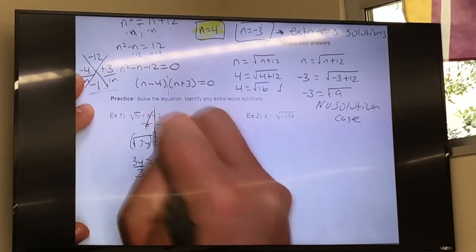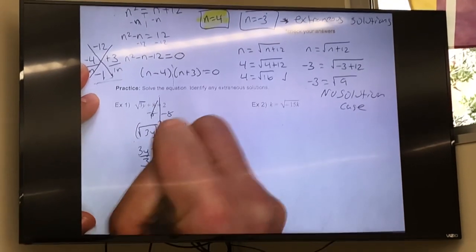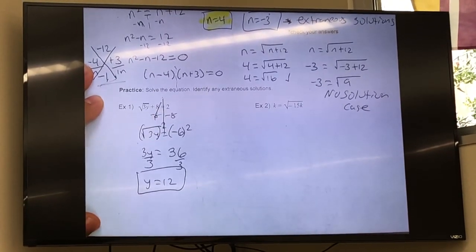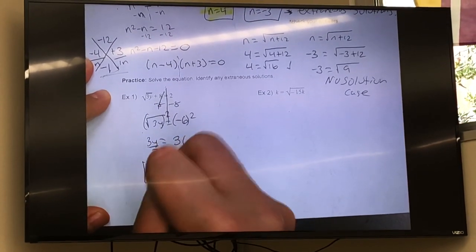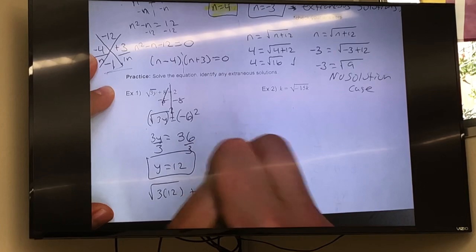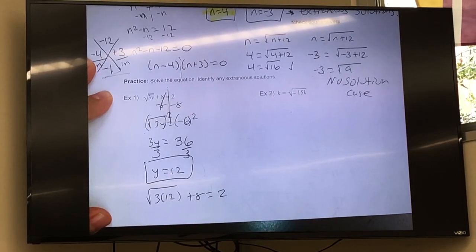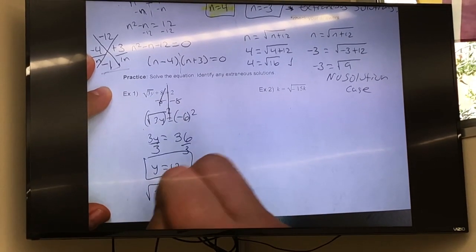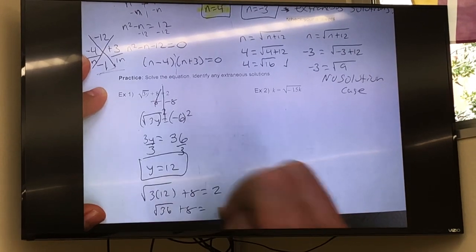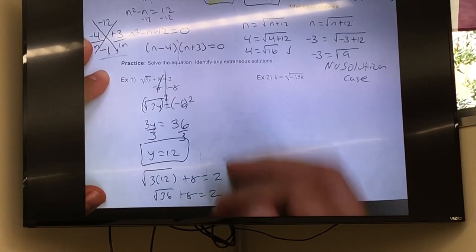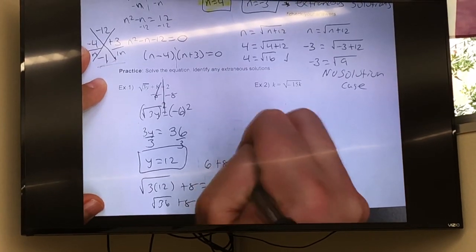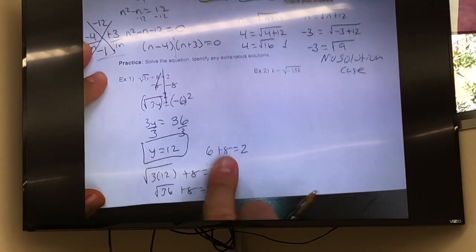We will divide both sides by 3 to get y is equal to 12. Let's make sure it works, so plug it back in. So we get the square root of 36 plus 8 is equal to 2. The square root of 36 is 6, plus 8 to equal 2, and I'm stopping there.